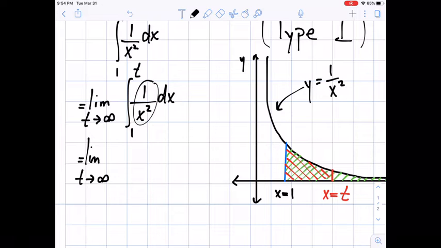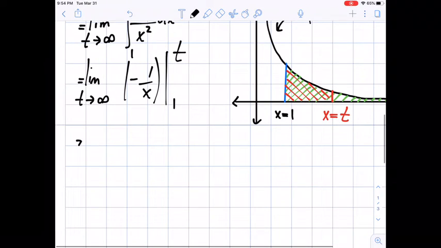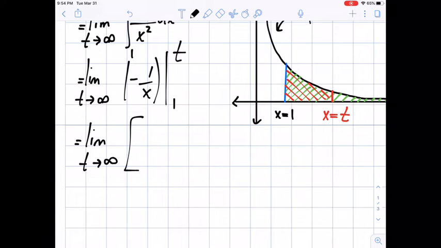I do the antiderivative of 1 over x squared, so that's x to the negative 2. The antiderivative will be negative 1 over x, and I'm going to evaluate that from 1 until t. Fine. Let's now use FTC2 because we know our function is continuous on that closed interval. And using FTC2, I get negative 1 over t minus, and we have to be careful here with the negatives, it's going to be minus negative 1 over 1.